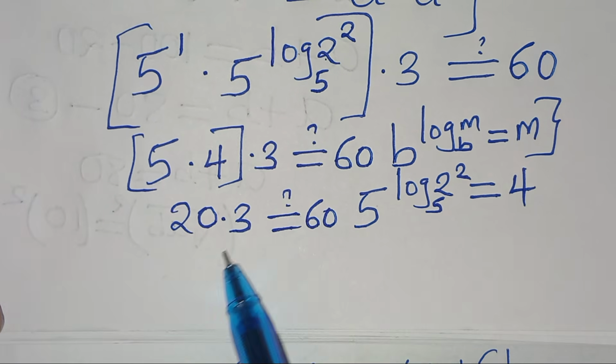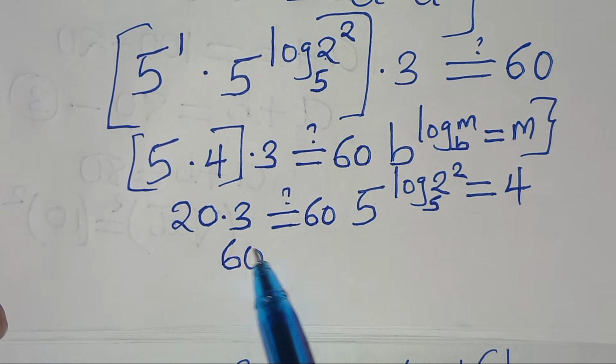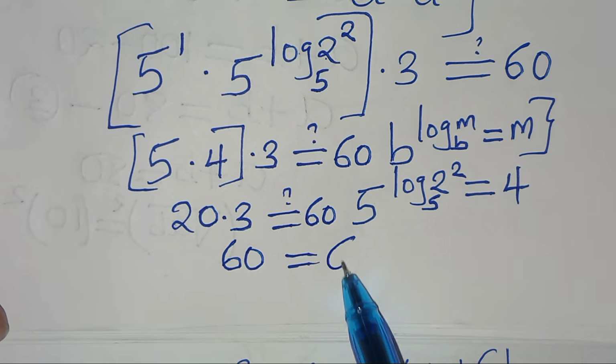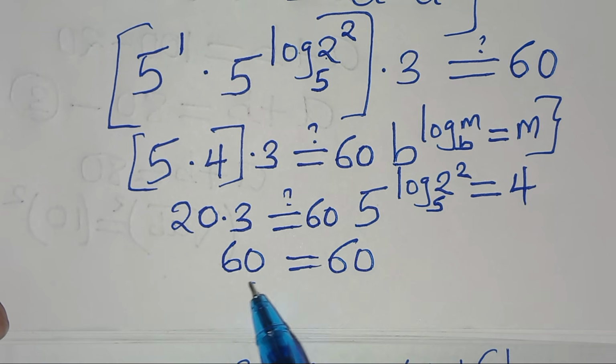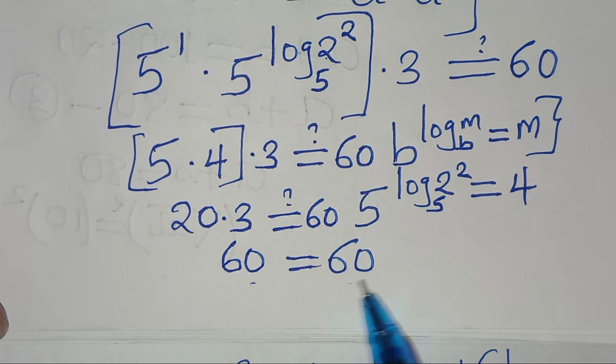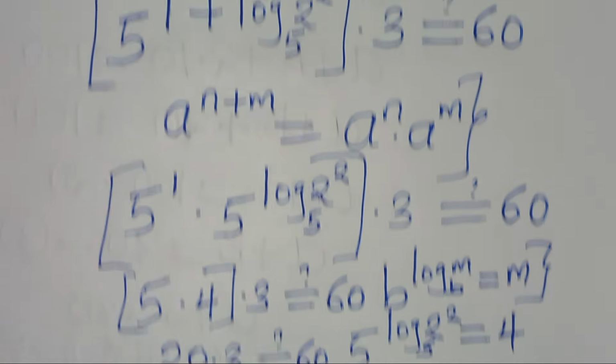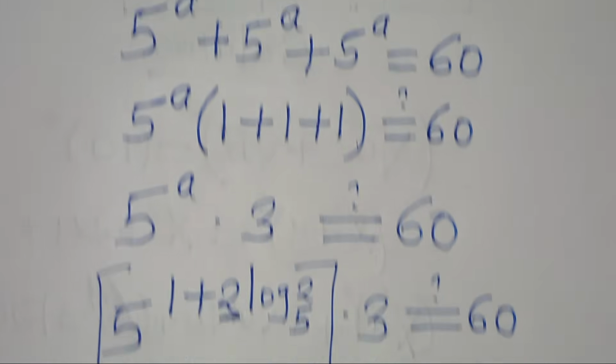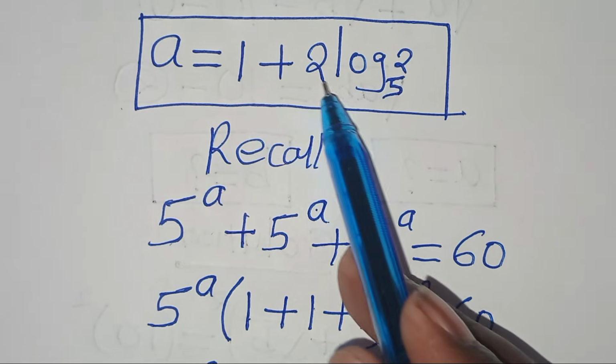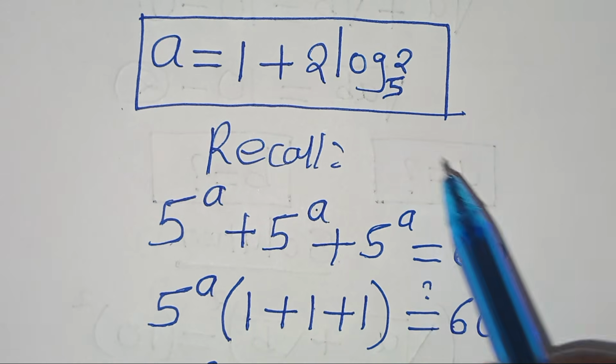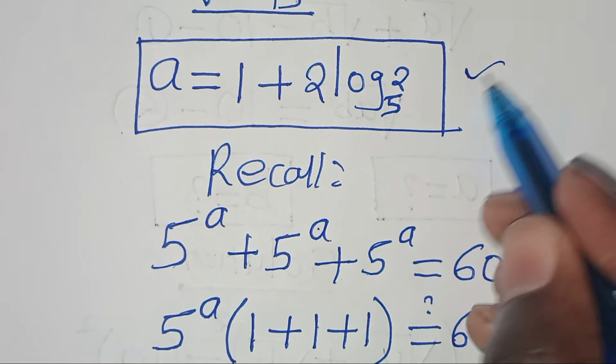So 20 times 3 is equal to 60, which is equal to 60. So we have that the left hand side is equal to the right hand side. And this proves that the value of a, which is equal to 1 plus 2 log 2 to base 5, actually satisfies the equation.